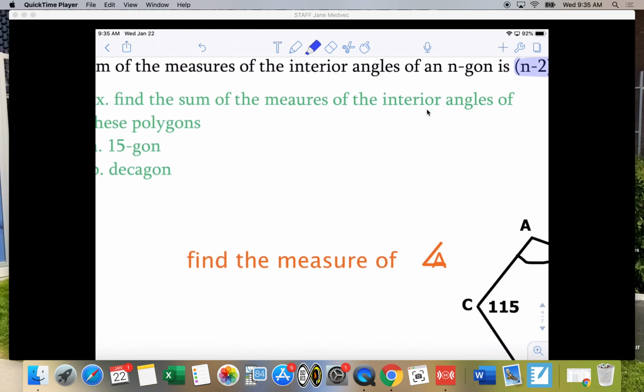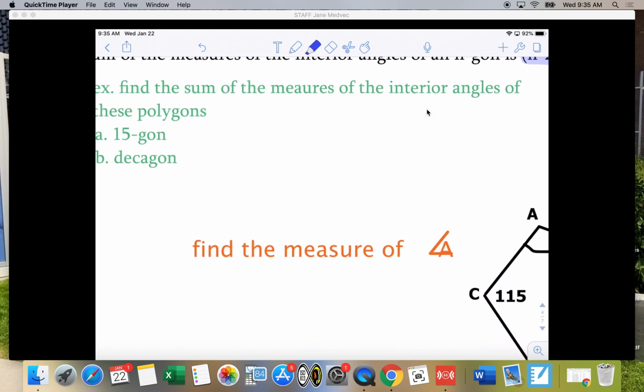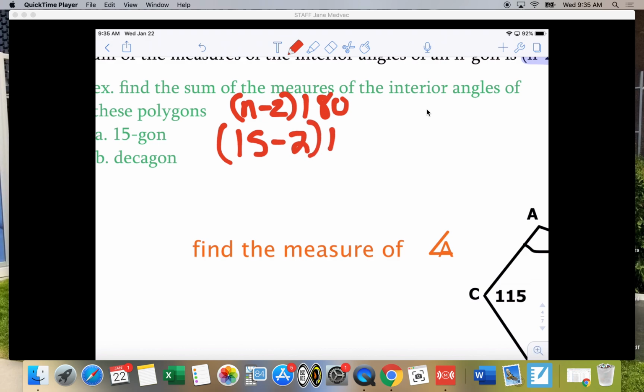It says find the sum of the measures of the interior angles of a 15-gon. There's that n-gon that they were talking about. So I'm going to take that formula, n minus 2 times 180. I'm going to take out the n and put in 15. Then how would I go about solving it?